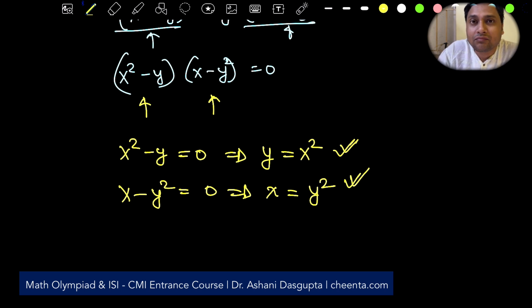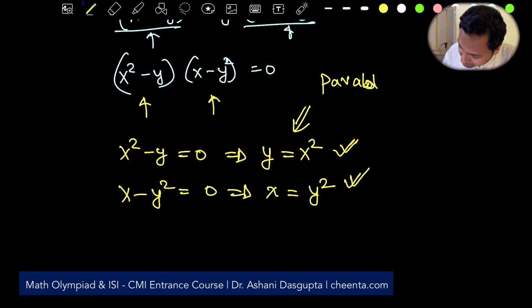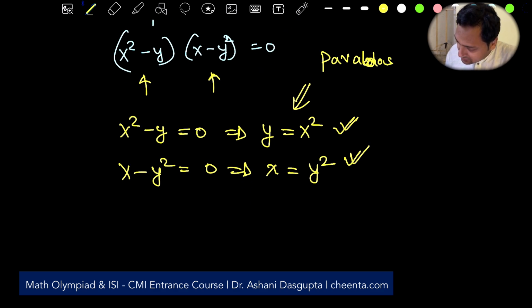Now, if you have been working on coordinate geometry for some time, you already know that these are equations of parabolas. So, let's see how we can draw them.